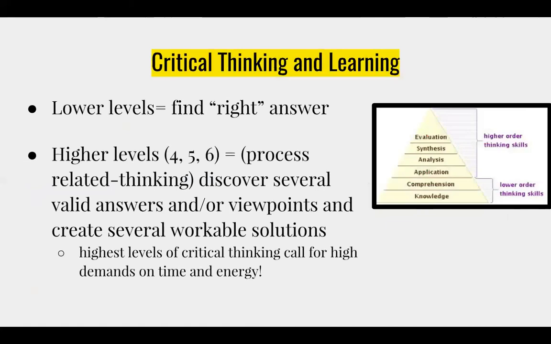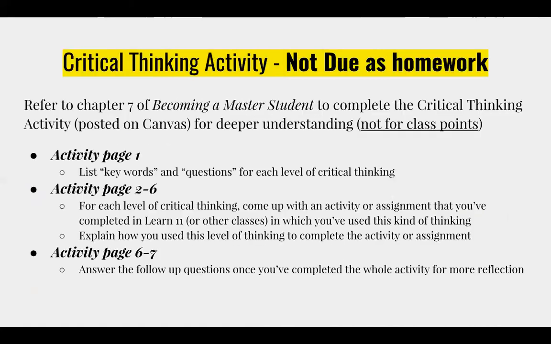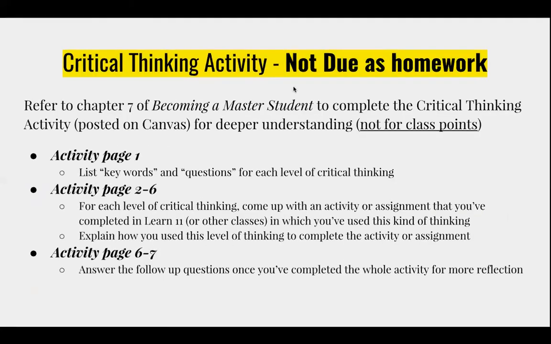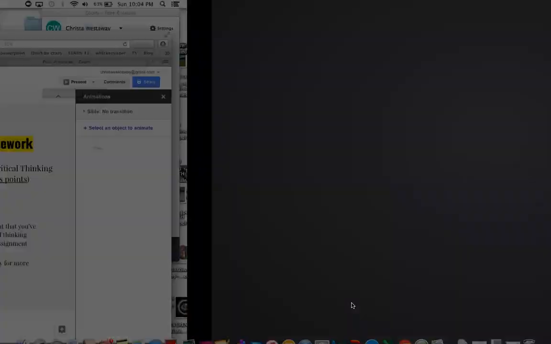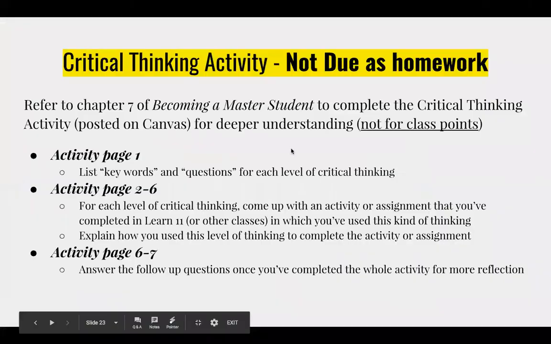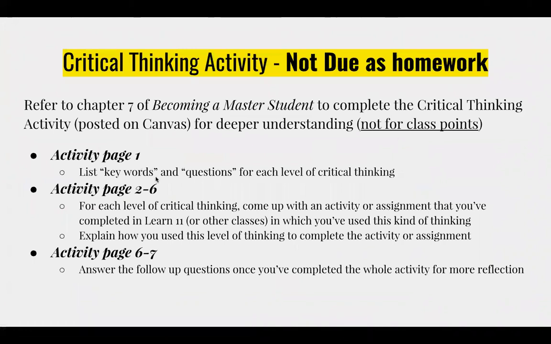So what the activity is, let me stay on this slide here. What you're being asked to do on page 1 is to go through the pyramid and list keywords and questions for each level of the pyramid that you find in your book, okay, that you find in chapter 7.